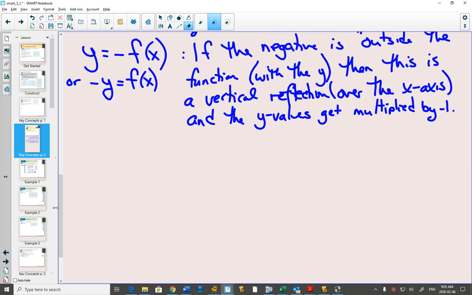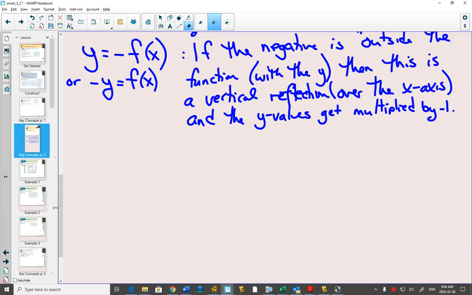If that negative is on the outside of the function, and in some textbooks they even move the negative over to the other side so that it's with the y. Again, I like my y by itself and the negative on the outside of the function. But can you see that you could multiply both sides by a -1 to get that second equation?